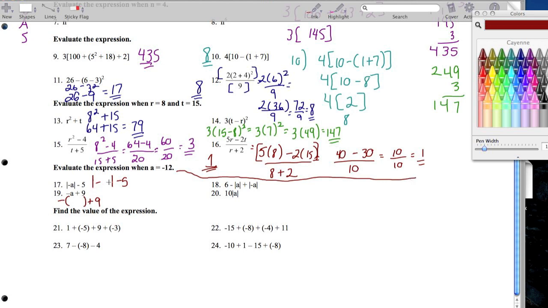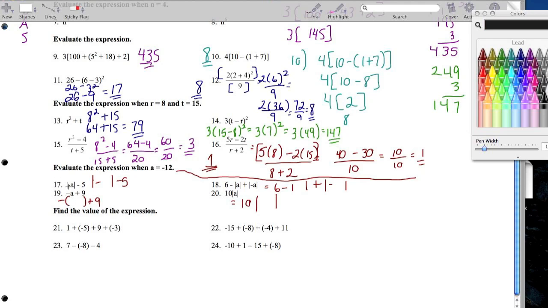So absolute value, I left a space. Here I put parentheses. All I'm doing is rewriting the whole expression with the exemption of my absolute value, my variable. Okay. All right, so let's just take it one at a time now. I just went through and set it up, but let's see.